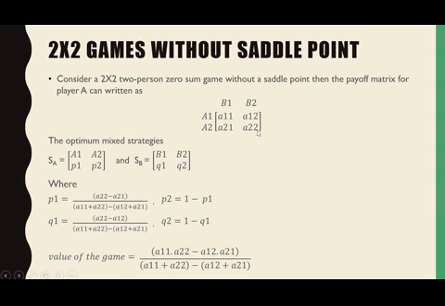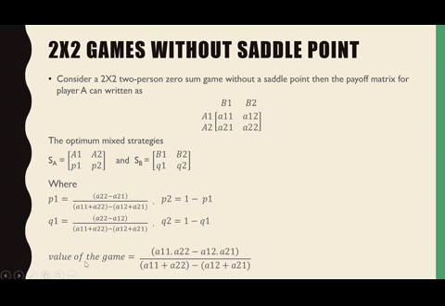When I go with Q1, it is the last column, A22 minus A12, divided by, the denominator will be the same, principal diagonal sum minus secondary diagonal sum, A11 plus A22 minus A21 plus A12. Okay, this will be your Q1 formula. So once you have found out Q1, finding Q2 is very simple. It will be 1 minus Q1.